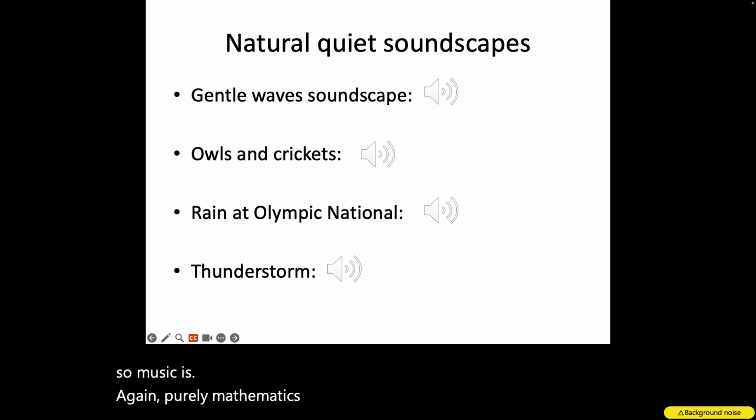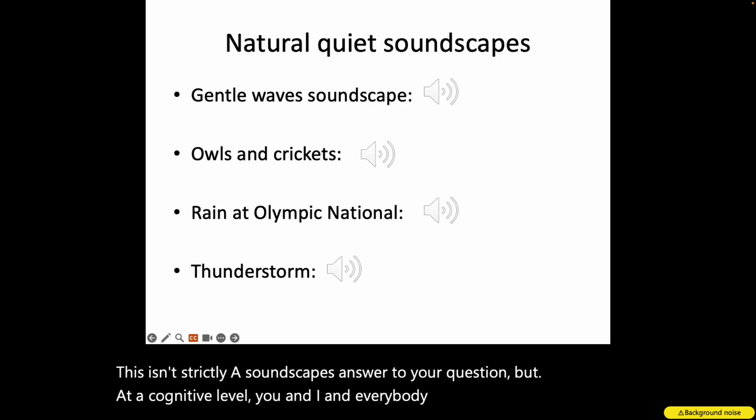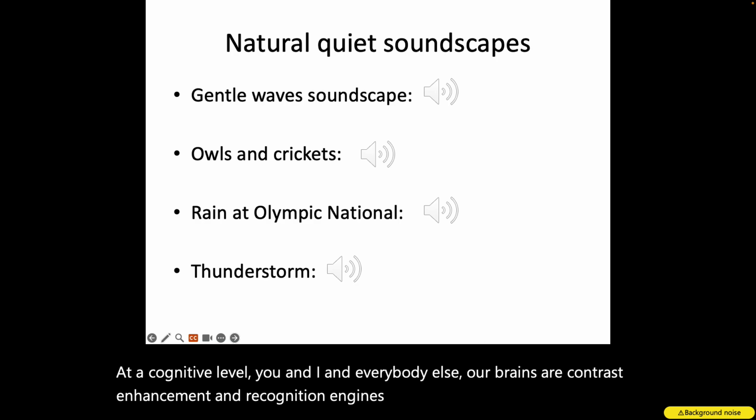And so our brains are, this isn't strictly a Soundscapes answer to your question, but at a cognitive level, you and I and everybody else, our brains are contrast, enhancement, and recognition engines. We don't see a brick wall over there.